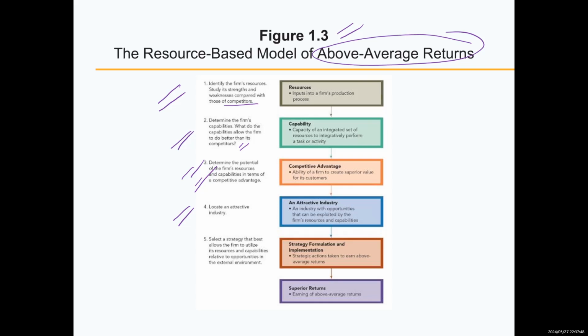The last step is to attain a sustainable competitive advantage, earn above average return by formulating and implementing strategies that enable the firm to exploit their resources to take advantage of the opportunities in the external environment better than their competitors.